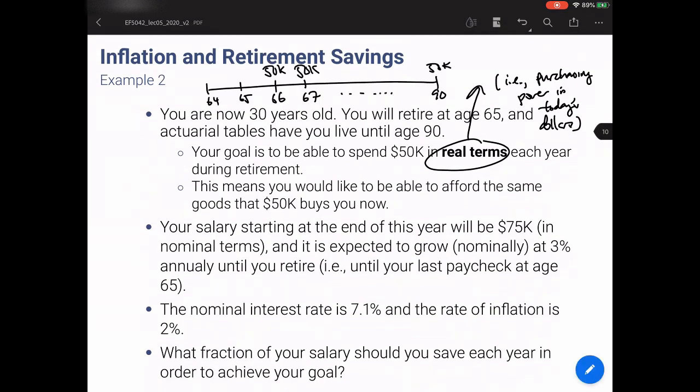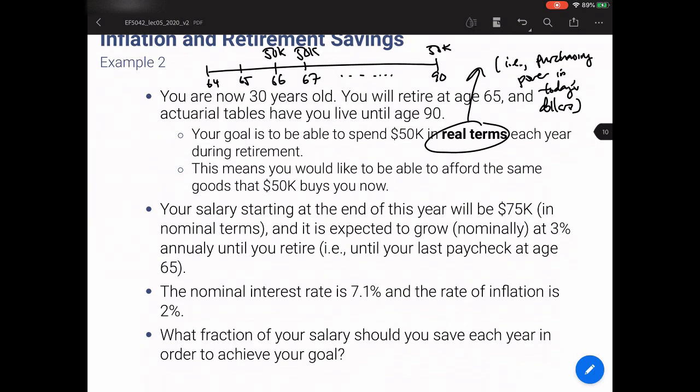Throughout this period, from age 30 to age 65, we're going to have a nominal interest rate of 7.1%. So we're just assuming there's a flat term structure, and that means that the interest rate is going to be fixed at 7.1% every period. The inflation rate also is assumed to be 2% every period as well.